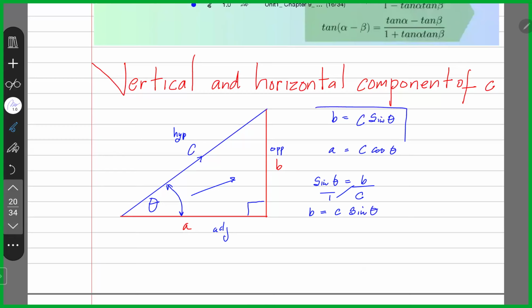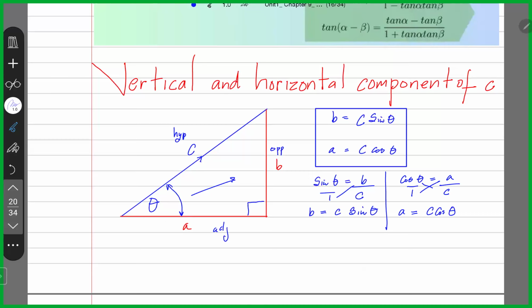So remember, that's what I gave you in the summary. And the cosine of theta is adjacent A, the horizontal component of the vector, over the hypotenuse C. Cross multiplying, we get that A, the horizontal component, is C cos theta.